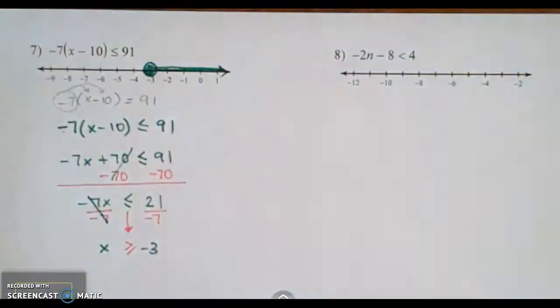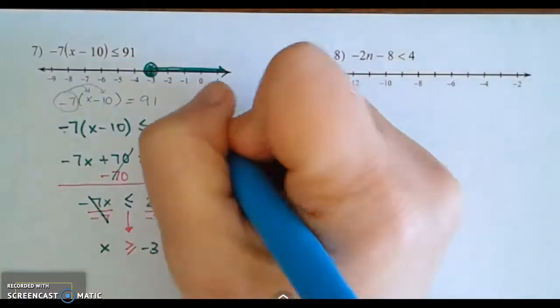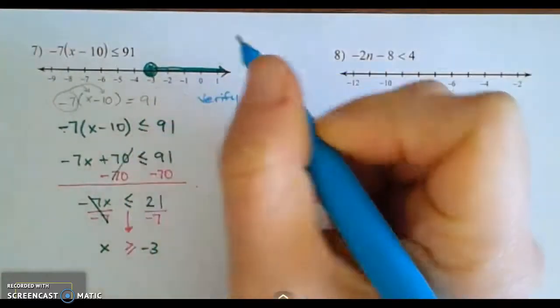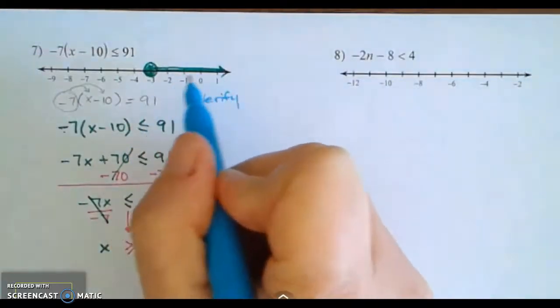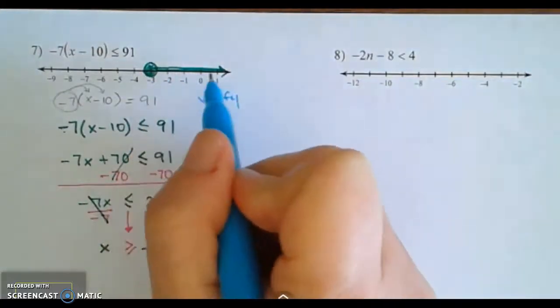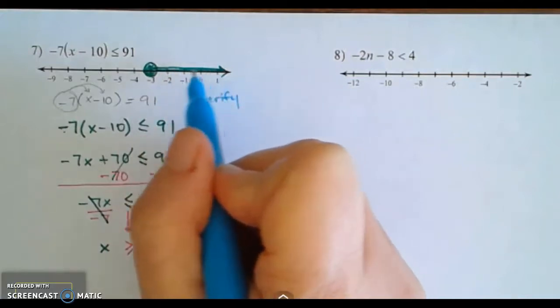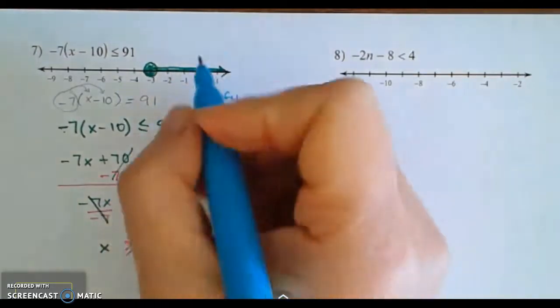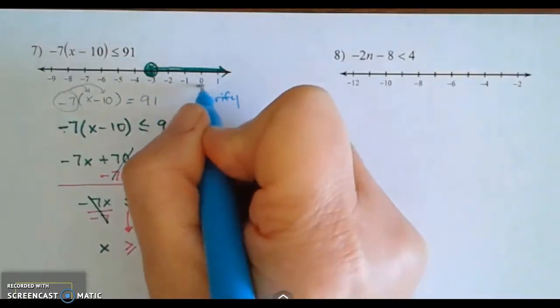Okay. All right. So then let's go through the verification process. How do I verify? So that's the verify. The easiest way is to find a solution, an easy number. Pick an easy number from your shaded region. Okay, what is the easiest number to check? Is 0.